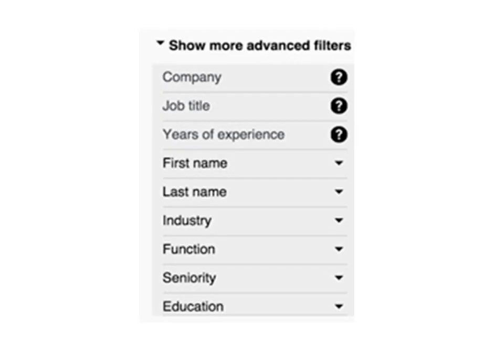So I wanted to show you some more advanced filters, and I apologize that the screenshot is not as clear as I would like. But this really gives you an idea of what the most common filters are that the recruiters are using. Company, job title, years of experience, industry, function, profession, which gets into something interesting later on. Seniority, this will be judged by years of experience, or rank.